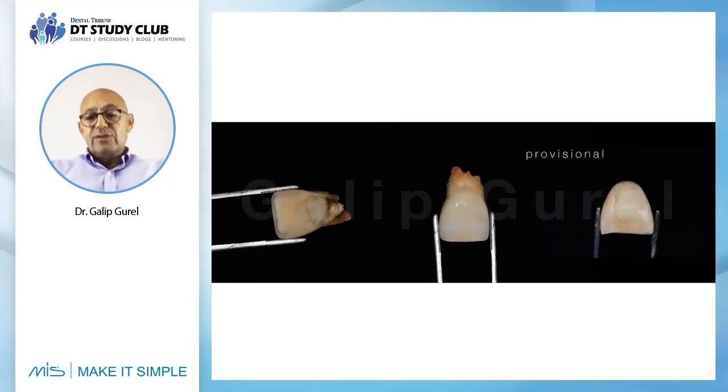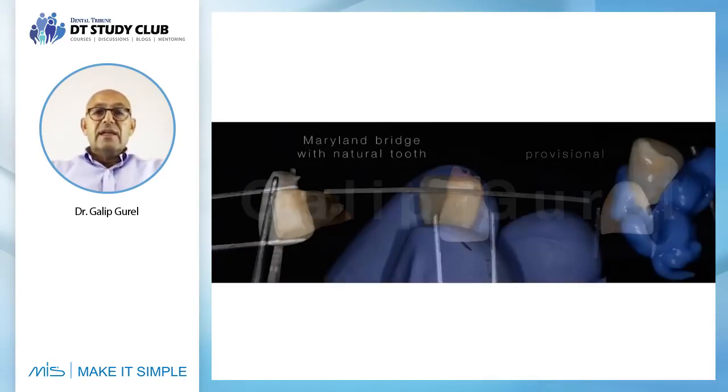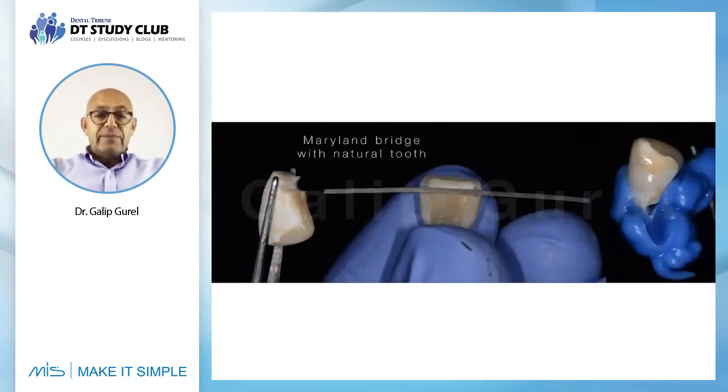And as he is doing this, I'm getting the crown that we extracted, creating a ditch back in here on the palatal surface, close to the gingival area, just to create a space to bond this metal wire so that I can use this as a Maryland bridge.